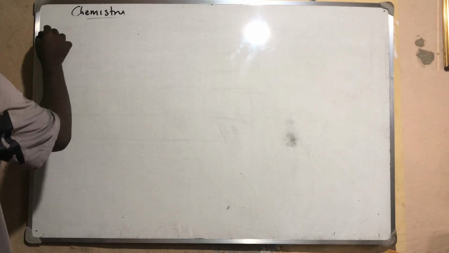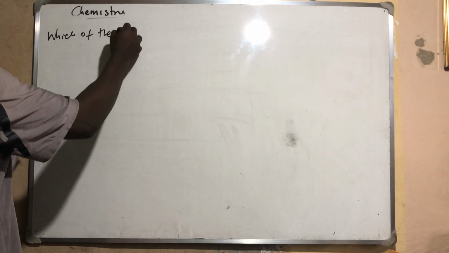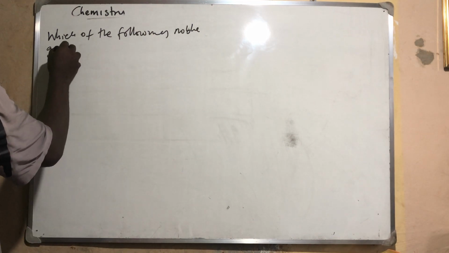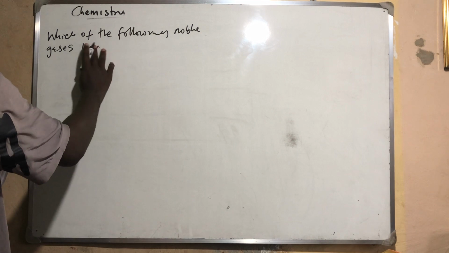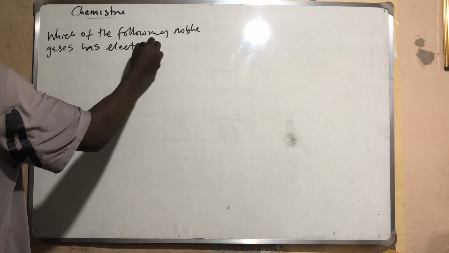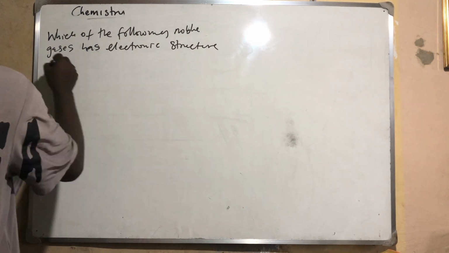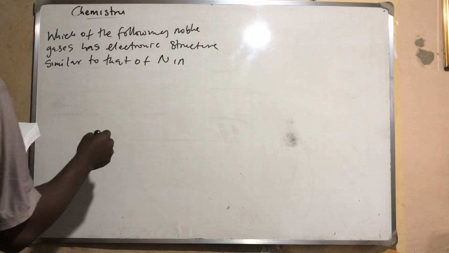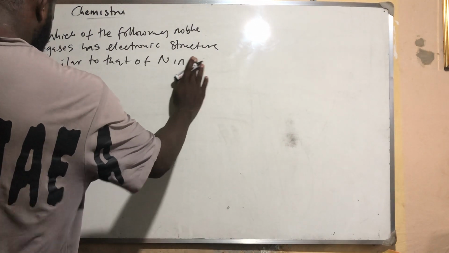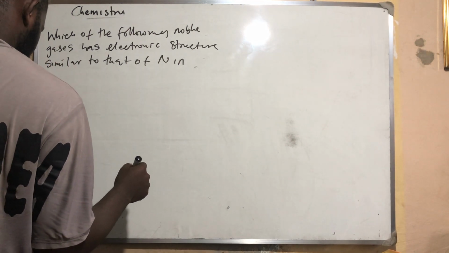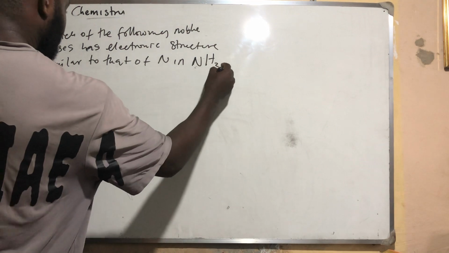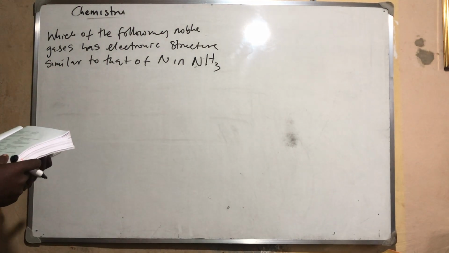Right? So the next question here said, which of the following noble gases has electronic structure similar to that of N in NH3, right?